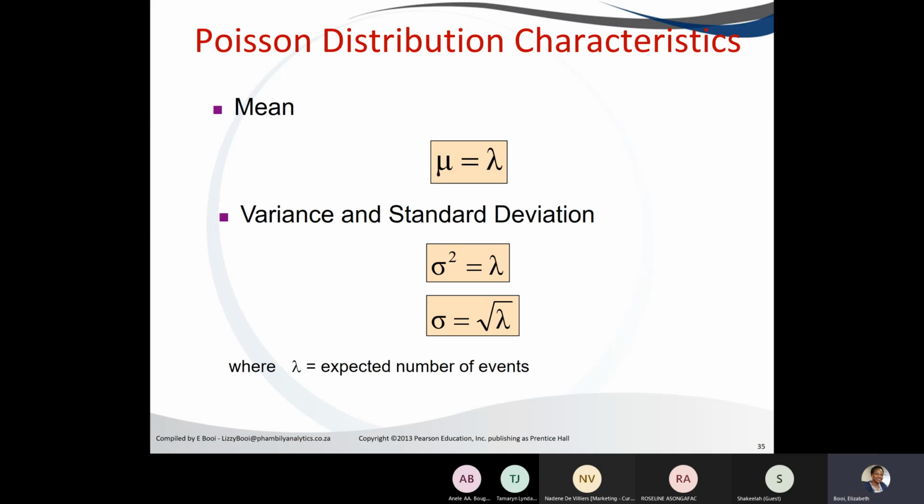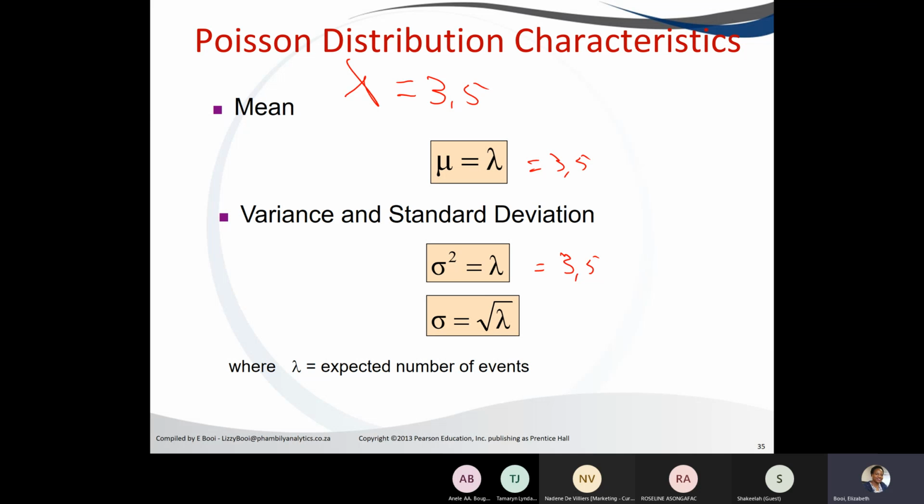So let's say we want to calculate, and the mean average is 3.5. So our lambda is 3.5. If I want to calculate the mean, it will be 3.5. If I want to calculate the variance, it will be 3.5.